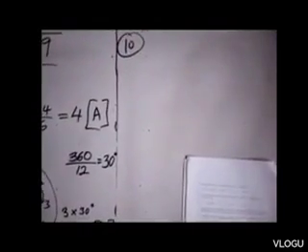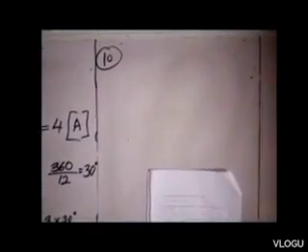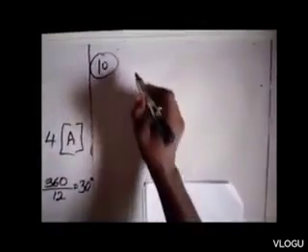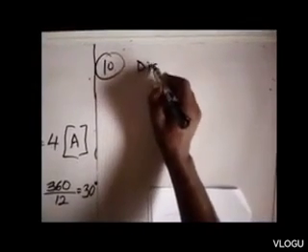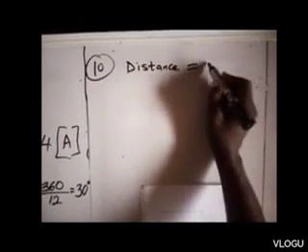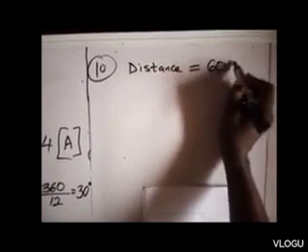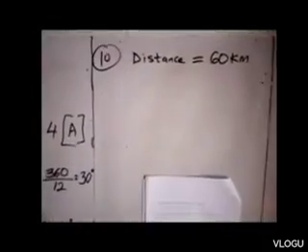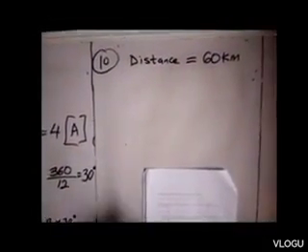Question 10. A motorist traveled a distance of 60 kilometers. So the distance covered here is 60 kilometers in 1 hour 30 minutes.